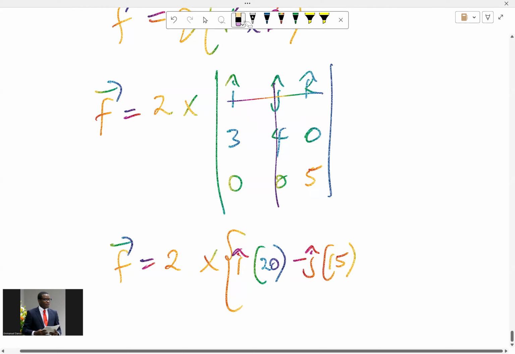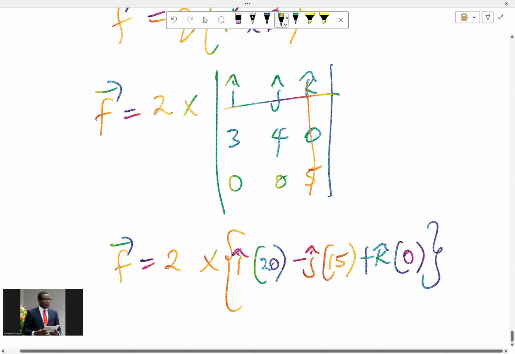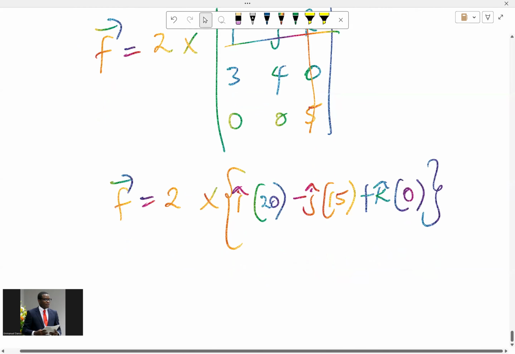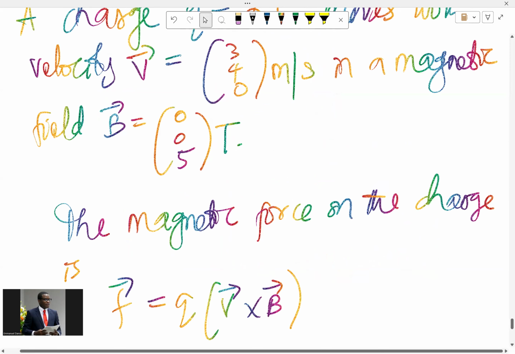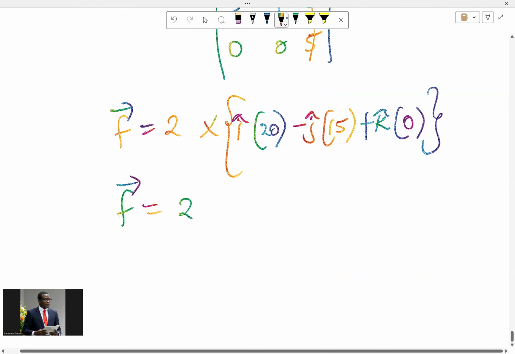Lastly, we focus on K. Cross the column, cross the row. 3 times 0 is 0, 4 times 0 is also 0, so that K part will be gone. If we tidy up all this, the magnetic force on the charge is 2 multiplied by 20I minus 15J.